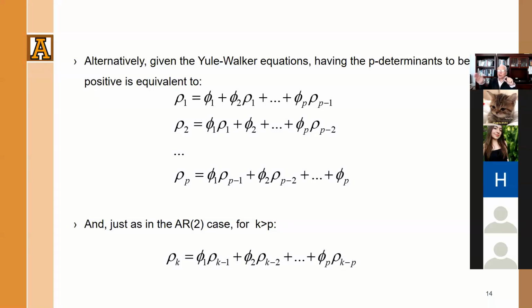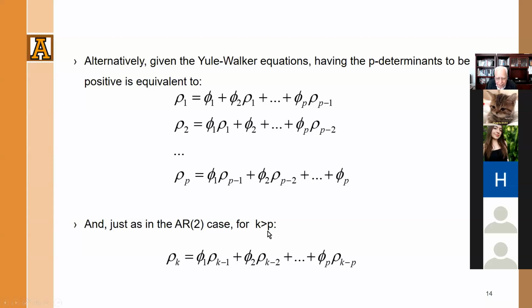And then from the third autocorrelation, the fourth, the fifth, and so on, the AR model determined the behavior of the autocorrelation function. The same thing happens here.